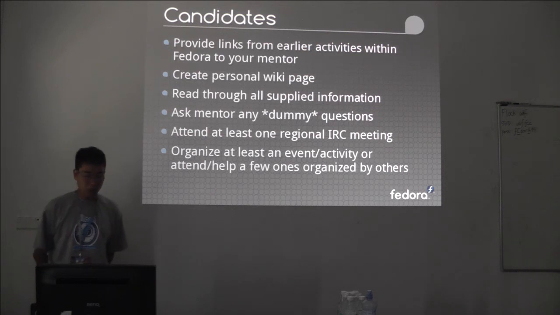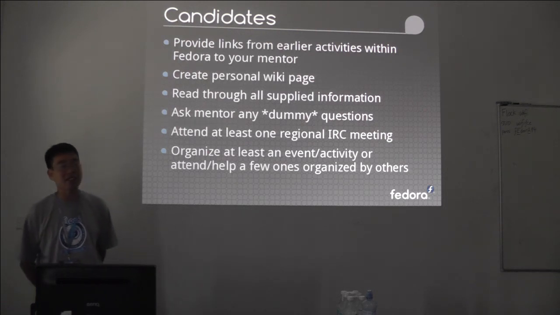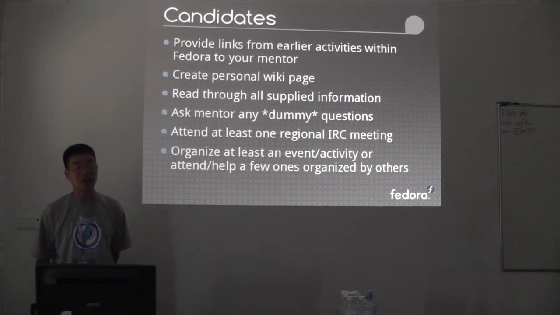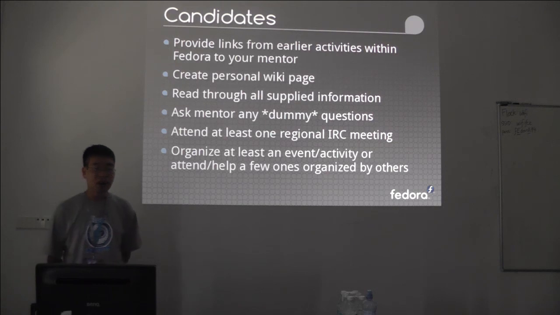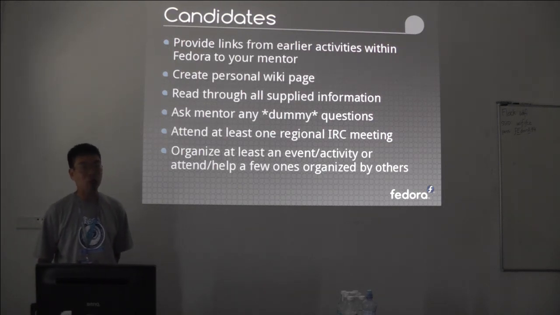Candidates need to create a personal wiki page, which is required in the ambassador process, because an ambassador is the representative of the project, so they should have a good wiki page to introduce themselves.